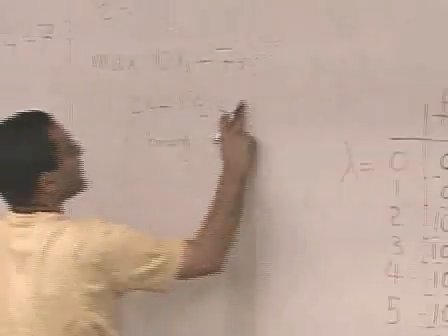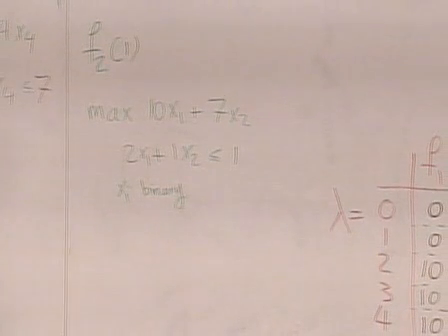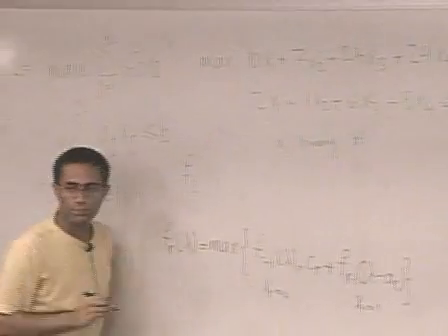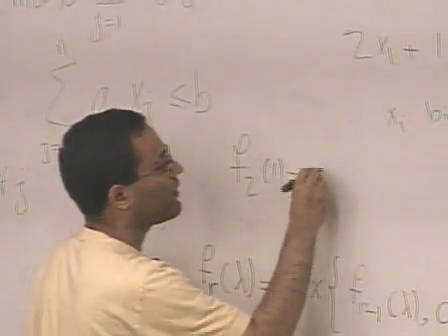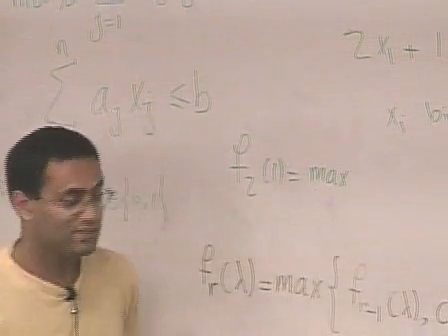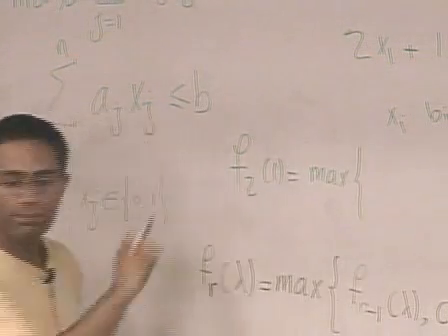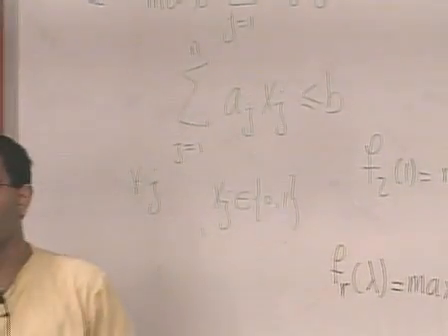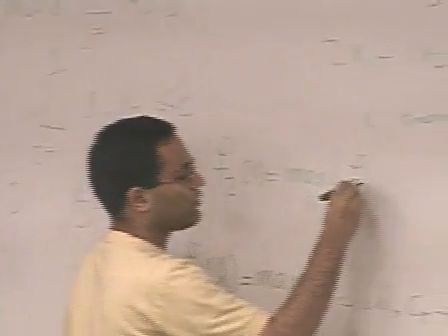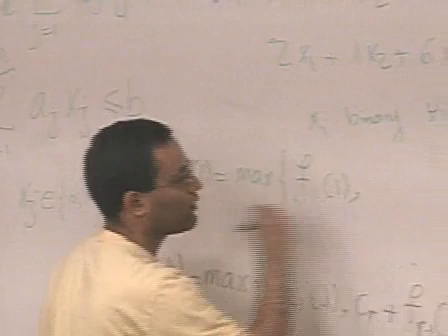Now, when I look at f2 of 1, I'm solving this problem. This is not trivial anymore. And this is where our solutions in the first column would help us. I'm solving the two item problem with one capacity left. So I can do two things. The first way is not to put this item there and solve a knapsack with one item and 1 unit of capacity, which means f1 of 1.